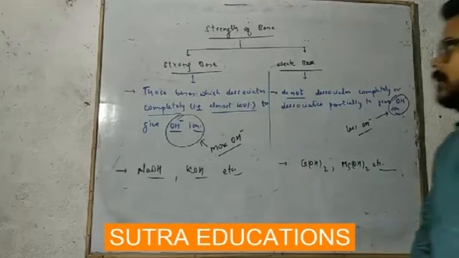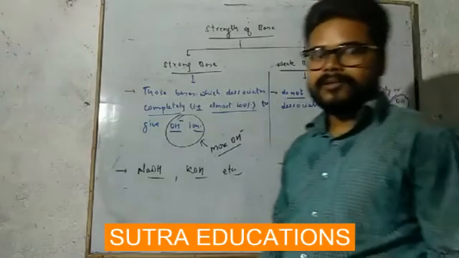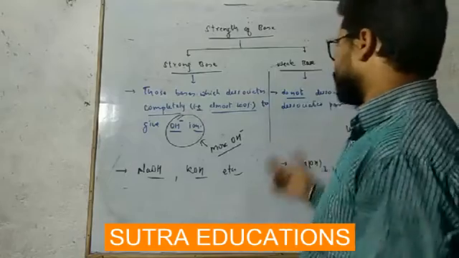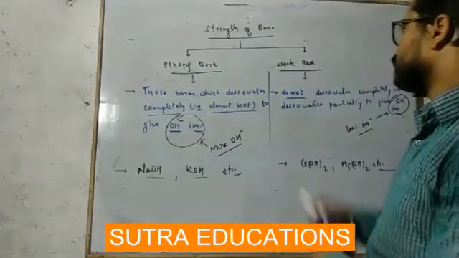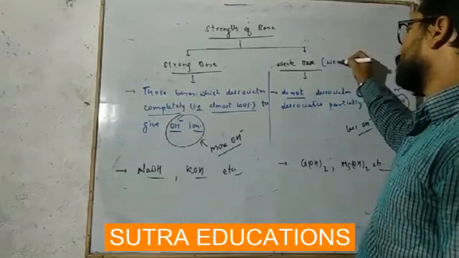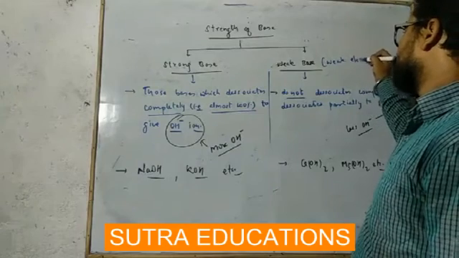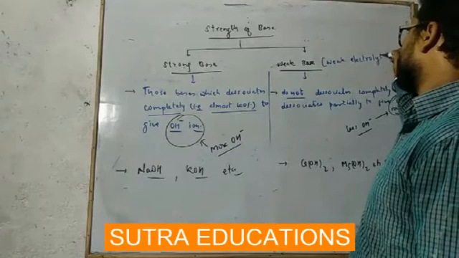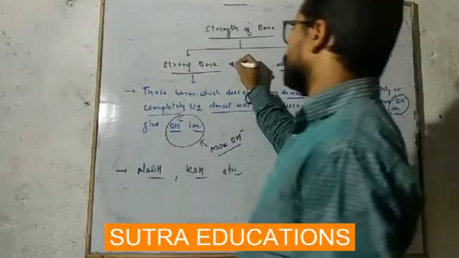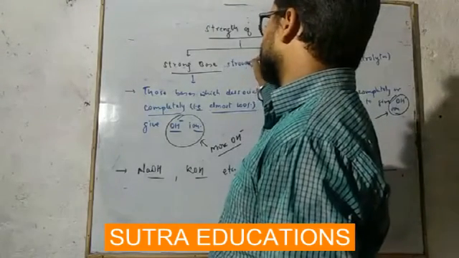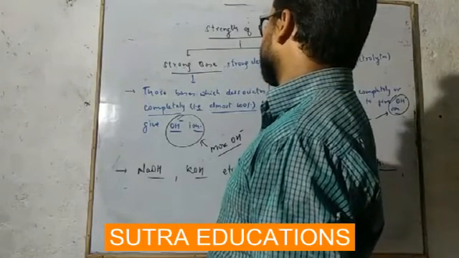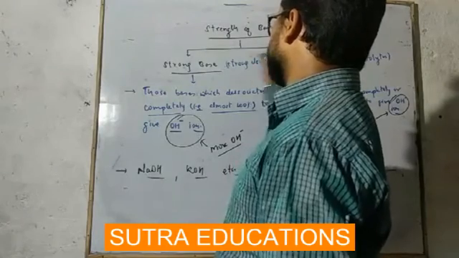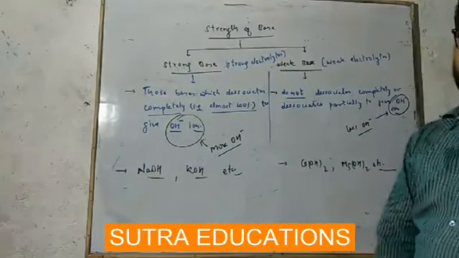Strong bases are also strong electrolytes, and weak bases are also weak electrolytes. Now come to pH scale.